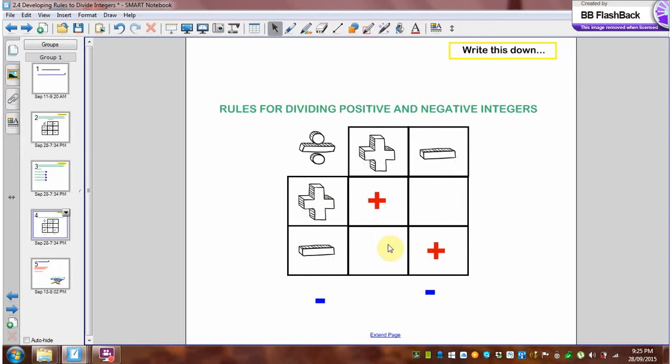Negative divided by a positive, we get opposite signs, so it becomes negative. And a positive number divided by a negative number, they're different signs, so we get negative. Okay, just fill it out. I'm going to flick back here. We can see that those are exactly the same rules for multiplication and division. That's why it was such a quick lesson. Make sure you have this copied down. Pause if you don't. If not, move along, and I'll give you your practice work.